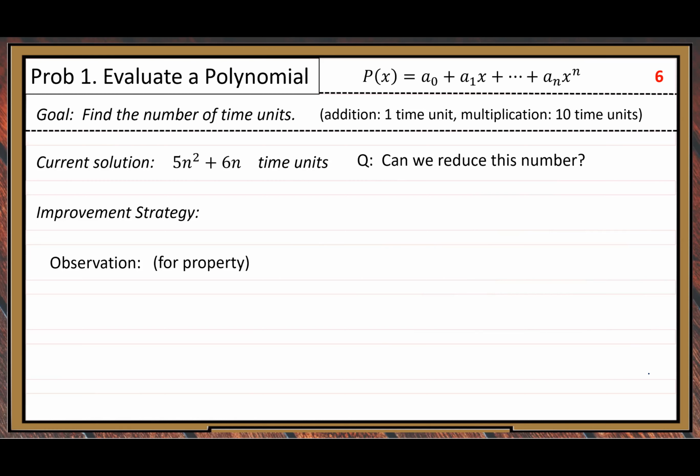Look at the answer here, the total time units from two different operations, multiplications and additions. The contribution is different, right? The contribution from addition is just n, but the contribution from multiplication is 5n squared plus 5n.